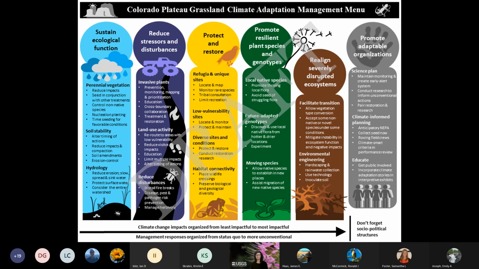And I think that part is really important, because when we started this process, we all had maybe a handful of ideas of what we could do to be more climate smart. And at the end, this menu gave us a couple dozen options that are organized, that are more nuanced and organized across the spectrum of status quo to more unconventional actions.